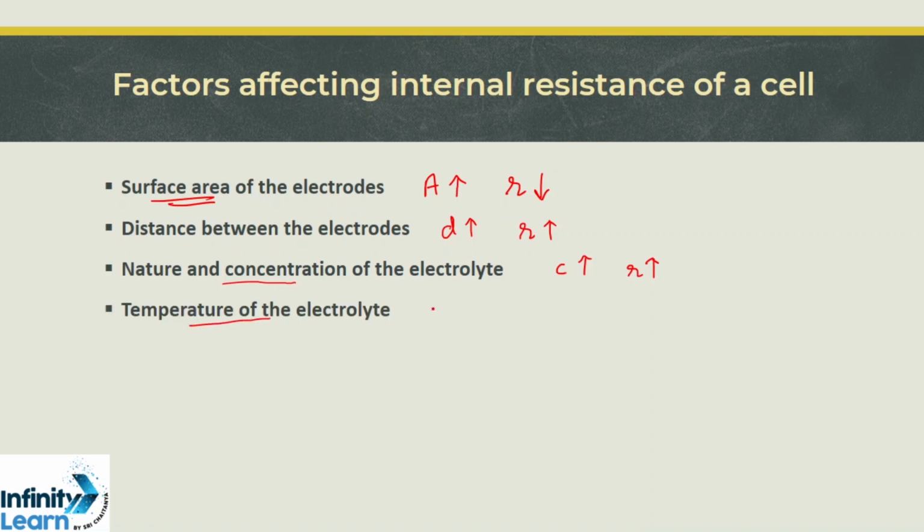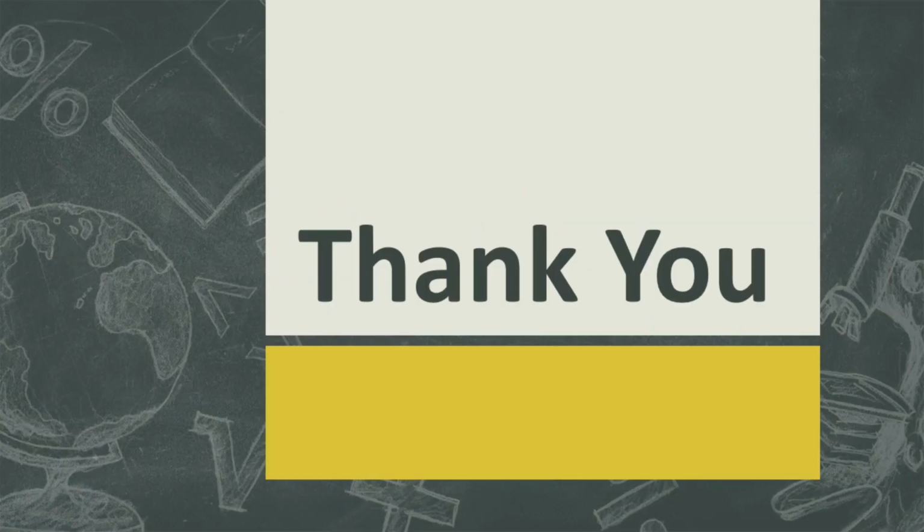If the temperature of the electrolyte is higher, the movement or speed of the ions increases, and therefore the conductance increases, and the internal resistance decreases. So I hope the concept of internal resistance and the factors affecting it is clear to everyone. Thank you very much.